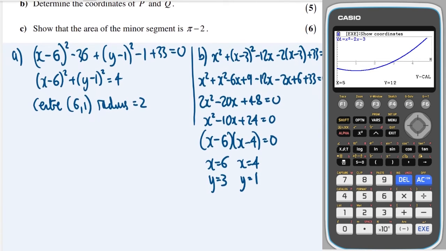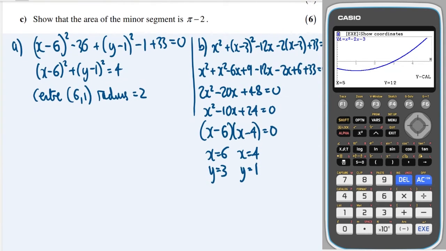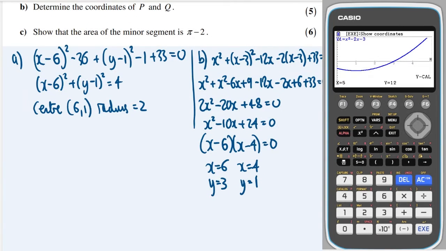Now it says show that the area of the minor segment is pi minus 2. Okay, so if it's tricky, then it's a good idea just to draw a picture. So we've got the centre over here at like 6, 1. Let's draw the circle. It's going to come down under the axis like that.